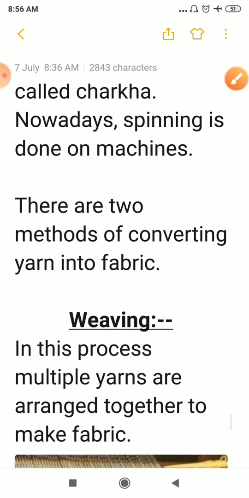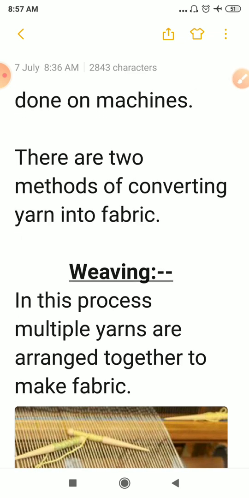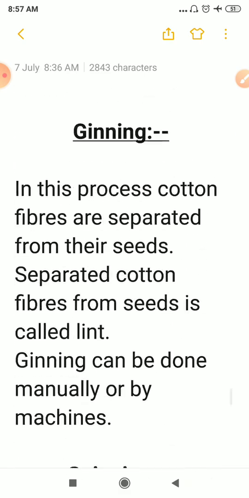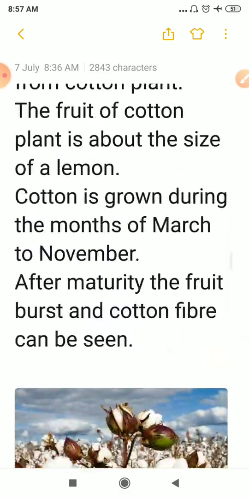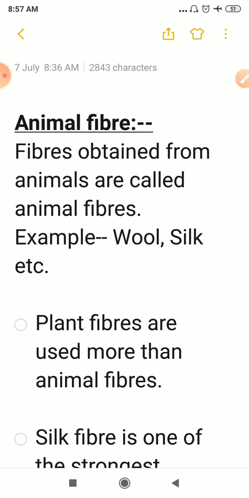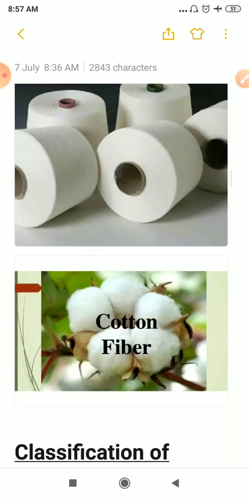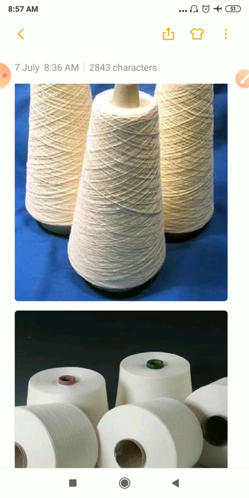After spinning, there are two methods when the yarn is ready. I will show you the yarns. See, these are yarns.